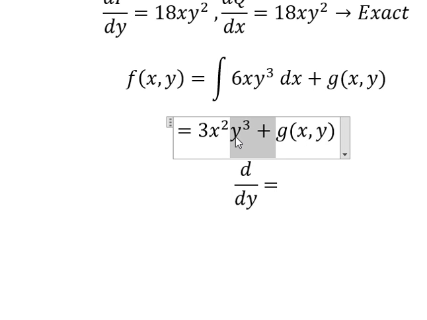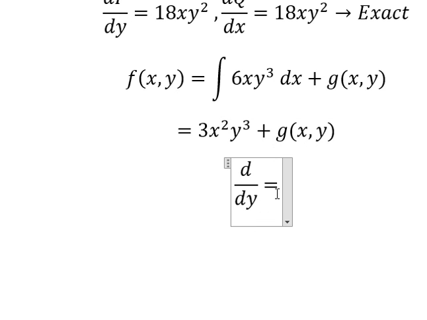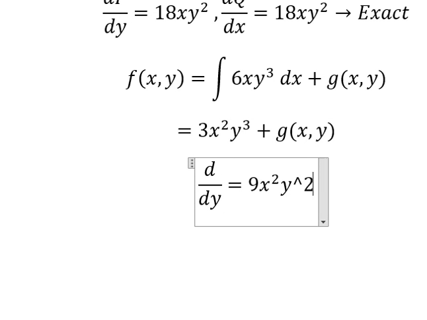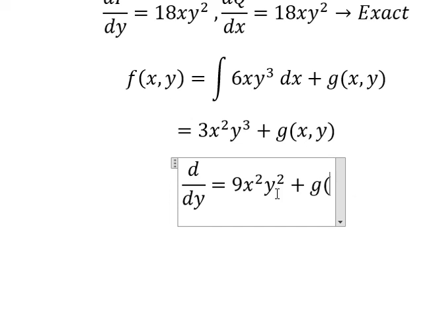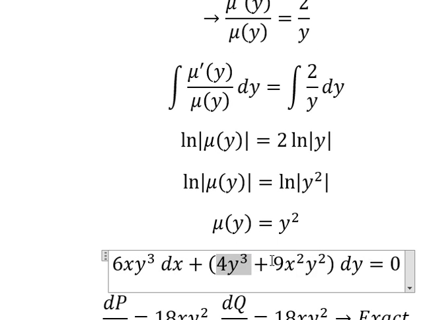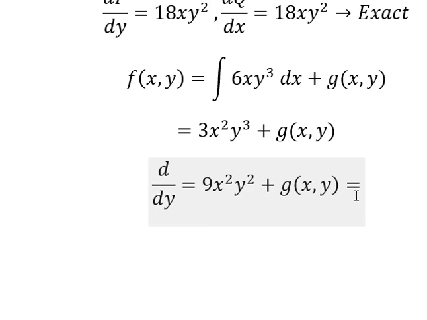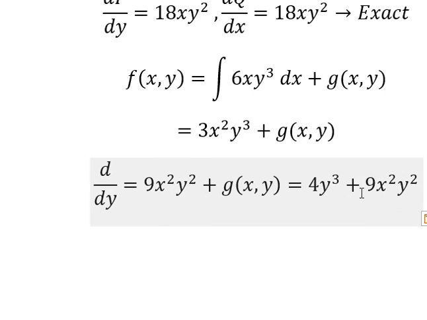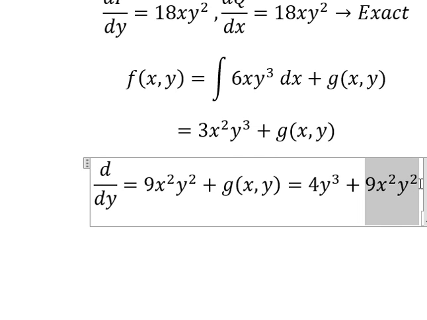So first derivative of y to the power of 3, we have 3y squared, so we have 9s squared y squared. And we know that this one is equal to this one. Now we need to simplify ys squared for both sides.